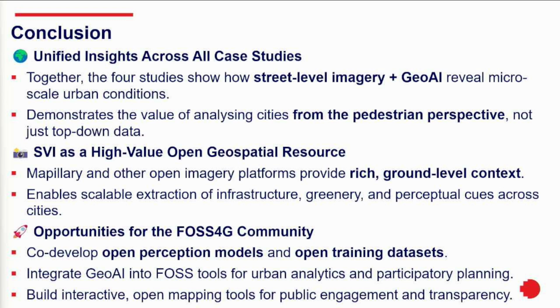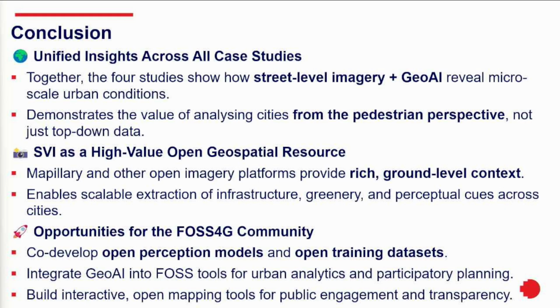So this gives us more intuitive information to understand the city and to provide more meaningful analysis. And what does that mean for our free and open geospatial community? We could design more of this kind of model. Currently, we don't have any open perception model available for us to use.